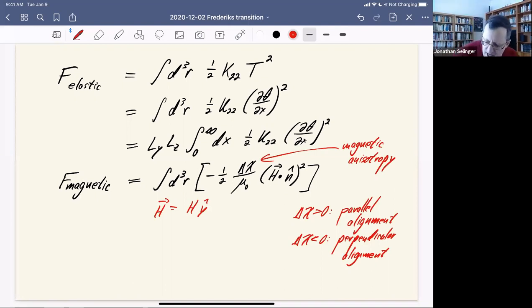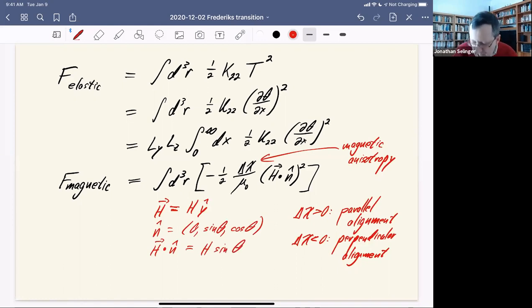Okay? And then if you put on a magnetic field, you have a field in this direction, and the director, as we set it up already, is 0, comma, sine theta, comma, cosine theta. So the dot product of those things is h sine theta.